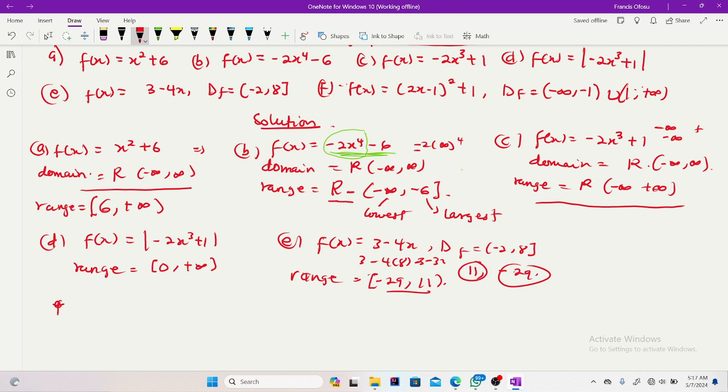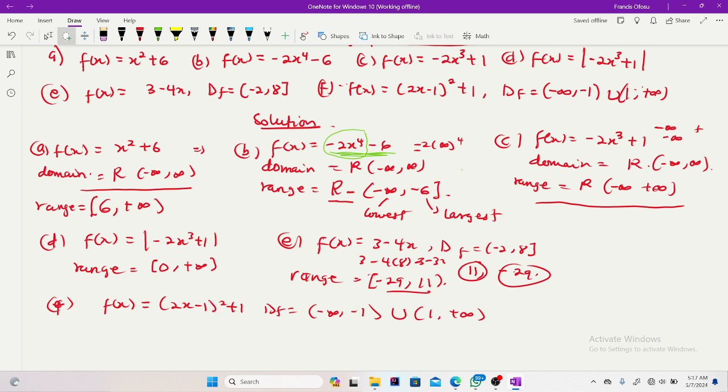So let's see the last question here, which is F, right? F says that f of x is equal to 2x minus 1 all squared plus 1 over the domain of f, which is given as negative infinity to negative 1 union 1 comma positive infinity, right? So here, as I said, we've been given a domain, so you simply have to apply the domain here.